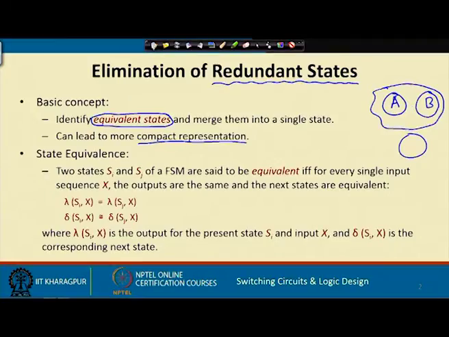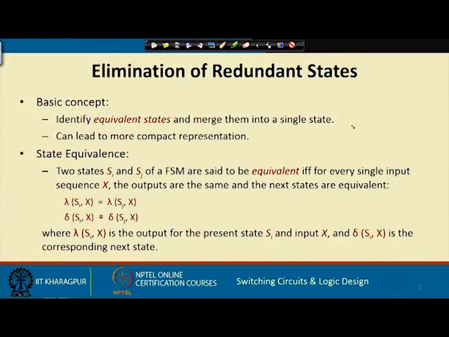Now, you recall in a state transition diagram what we have? In a state transition diagram we have states, there are transitions, and transitions are labeled by some inputs, and they also specify some outputs.